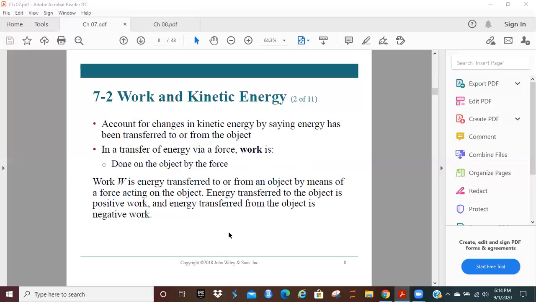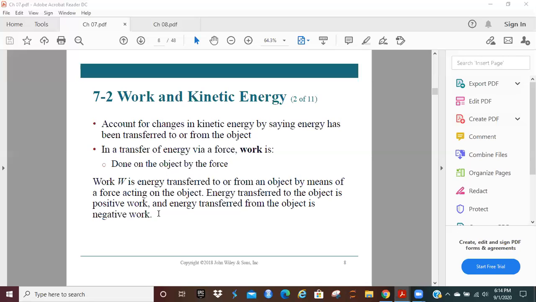In a transfer of energy via a force, work is done on the object by the force. So work, which is represented with W, is energy transferred to or from an object by means of a force acting on the object. Energy transferred to the object is positive work, and energy transferred from the object is negative work. So that last sentence there is something to bear in mind as we go forward.